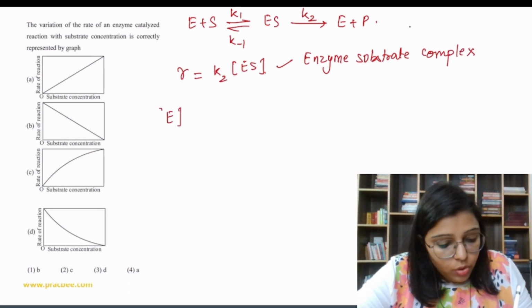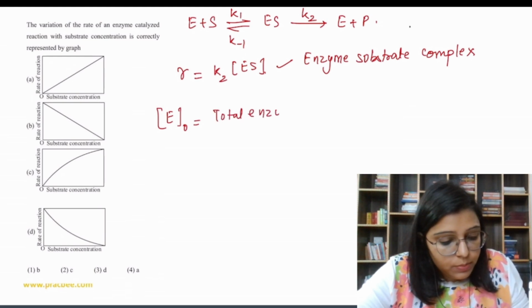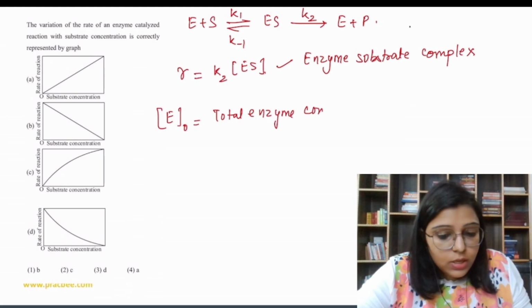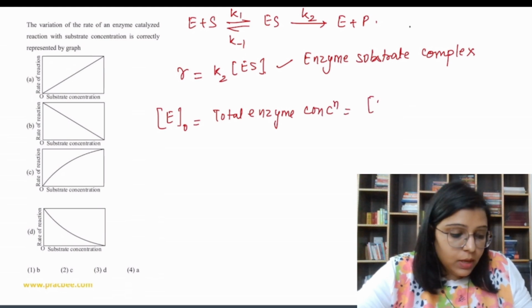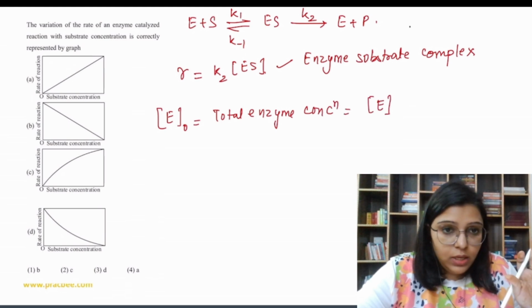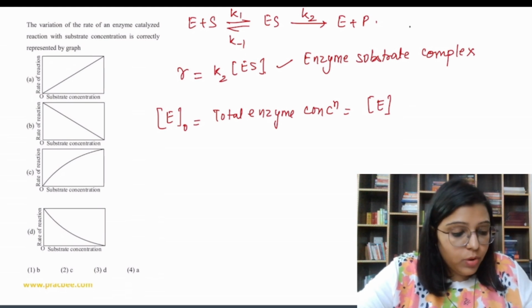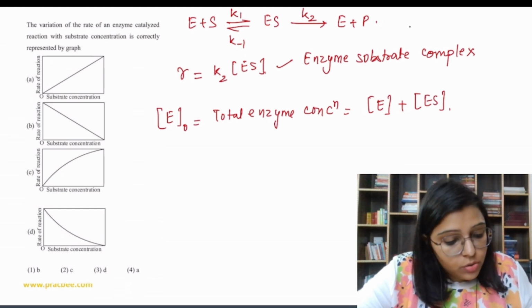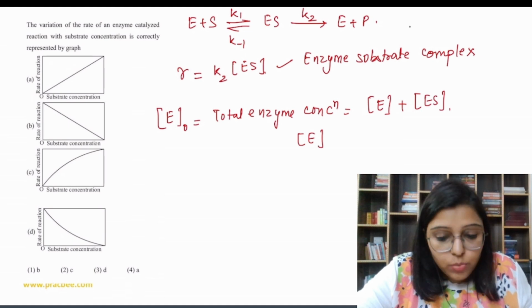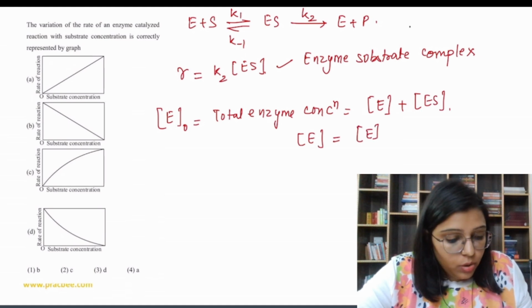Here E naught I am taking as total enzyme concentration. So total enzyme concentration is, some enzyme is going to exist in free form and some enzyme is going to exist in the form of complex. So from here we can say that E is equal to E naught minus ES.